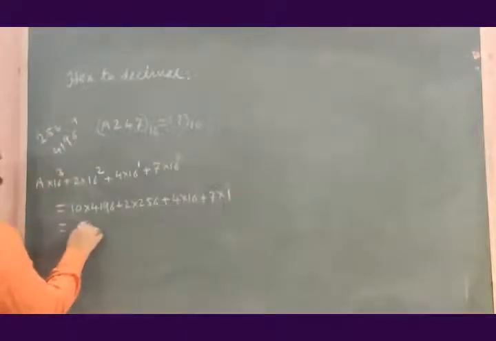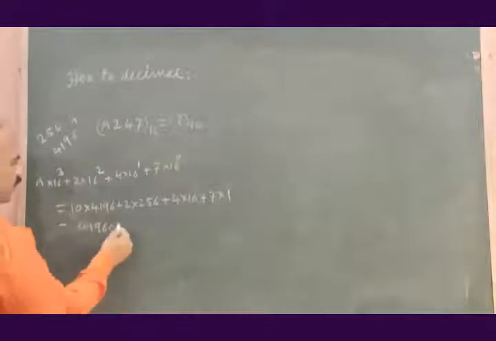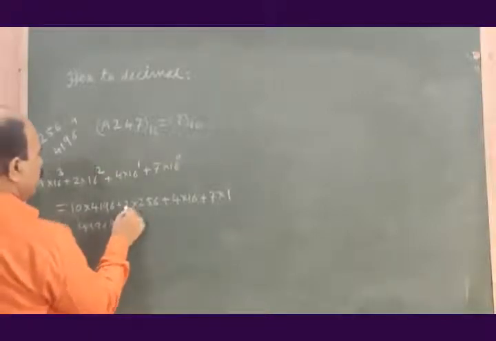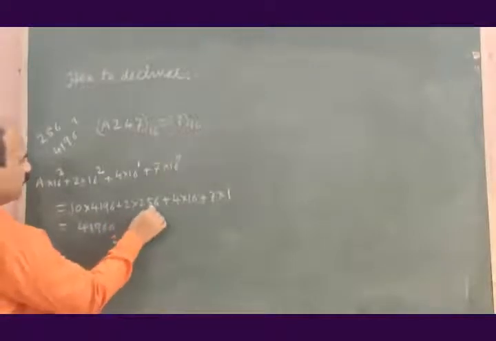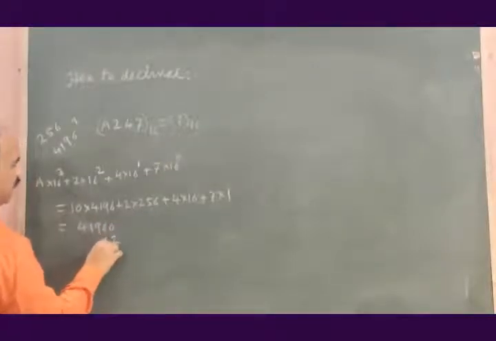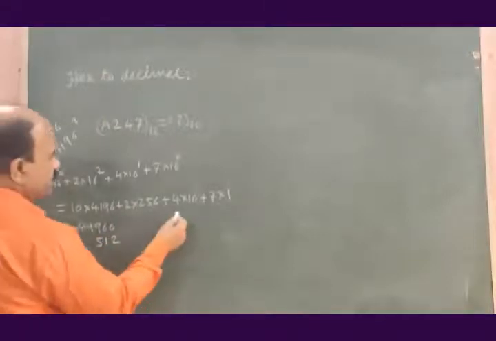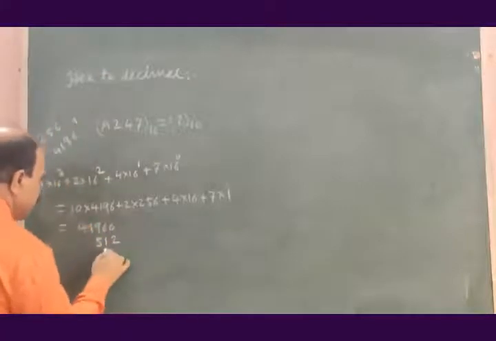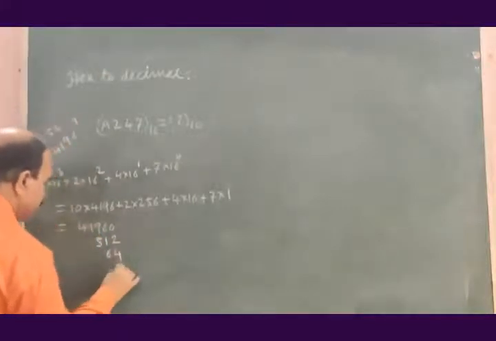This is 40960 plus 2 into 256, which is 512, plus 16 4s are 64, 7 ones are 7.